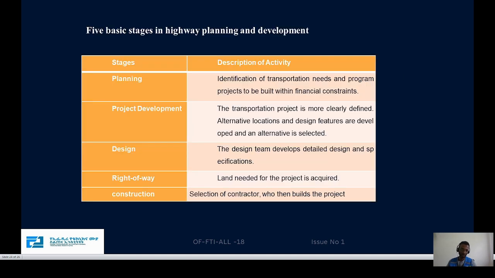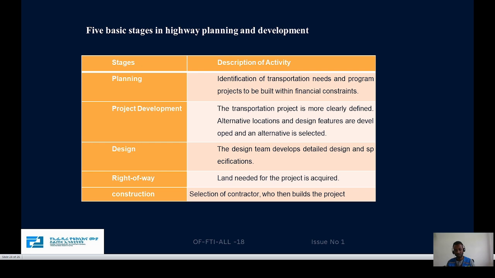So overall we have summarized the 5 basic stages in highway planning and development. The first stage is planning: identification of the transport needs and the projects to be built within financial constraints. In the planning stage we discussed with the people what the problems are, related to capacity, safety, access, and structure.